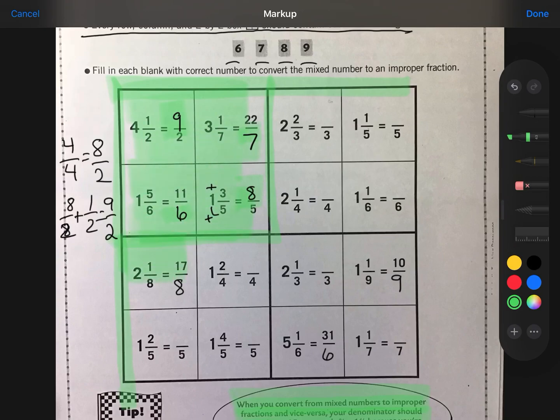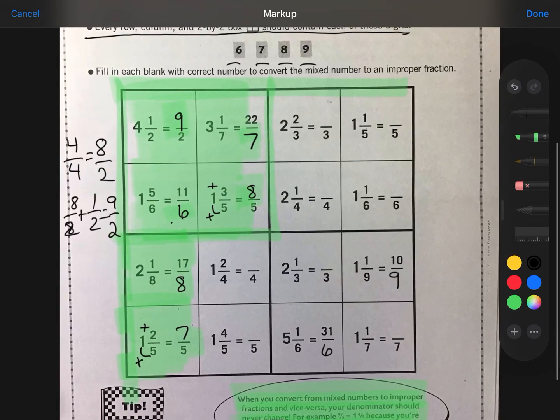Now, this column is almost complete. So if our rules are correct, this should be a 7 because we have a 6, 8, and 9. We need a 7. But of course, we're going to check this. 5 times 1 is 5 plus 2 is 7. So we get 7/5. Okay.